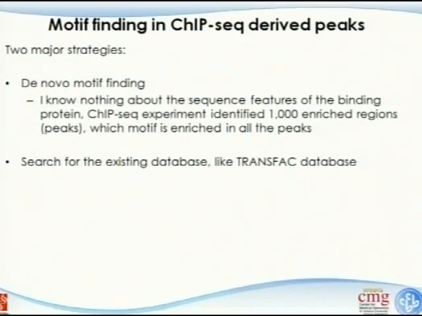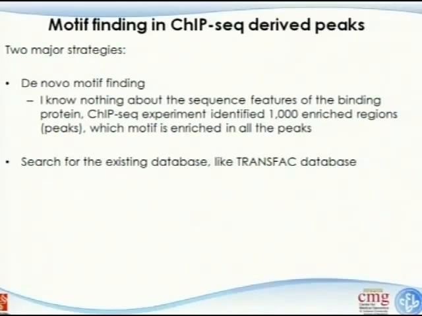Okay, now let's get back to the topic of ChIP-seq. Motif finding in ChIP-seq derived peaks. There are two major strategies when we look at ChIP-seq data and want to study what the motif is in the regions we identified. At this stage, we assume we already identified the regions based on peak finders or some other algorithms.